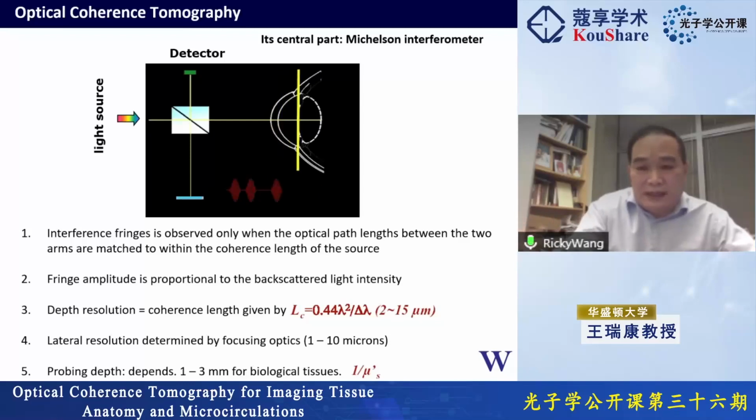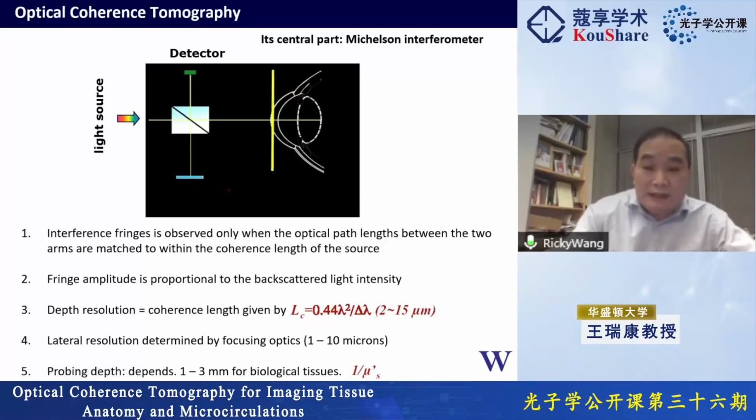It will stop the light from penetrating, and that opaqueness limits how far the system can see into the tissue. The typical depth range of the OCT system is between 1 to 3 millimeters.